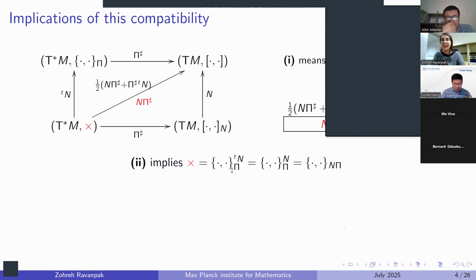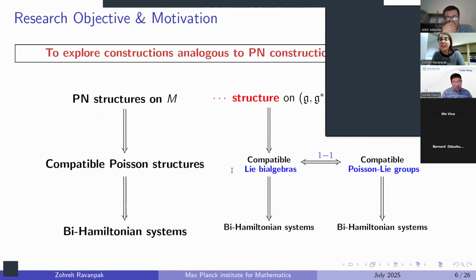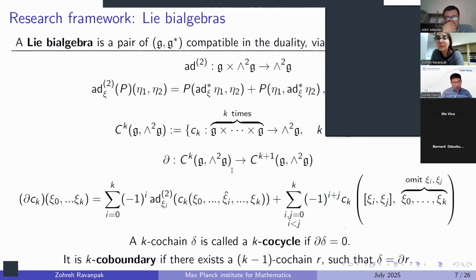Could I say that for a weak NL bialgebra, the double deformed two algebras form a bialgebra? That is my question. Exactly, for the weak bialgebra we have the same. Okay, that is my question.